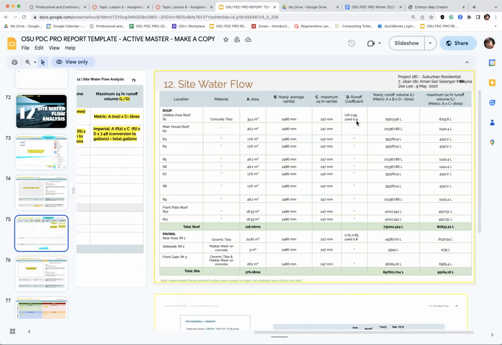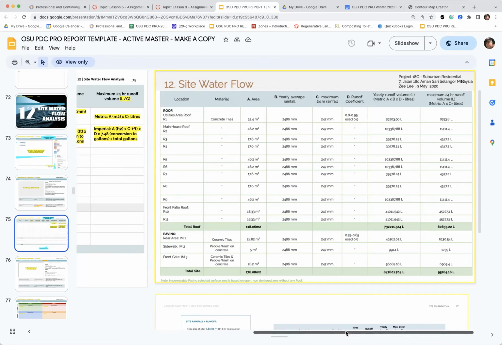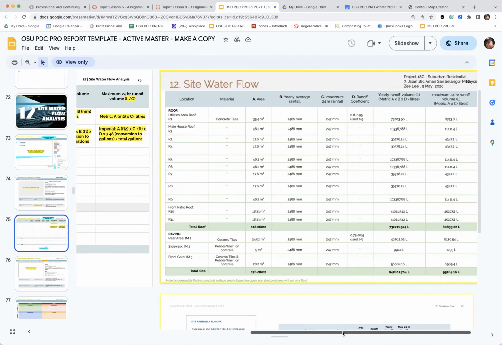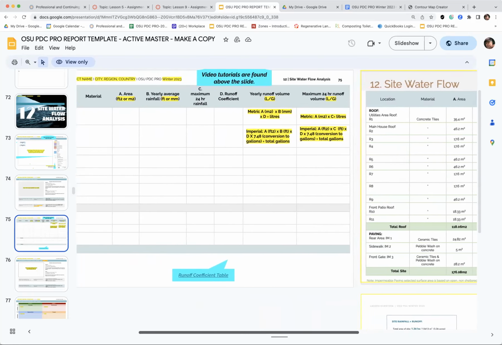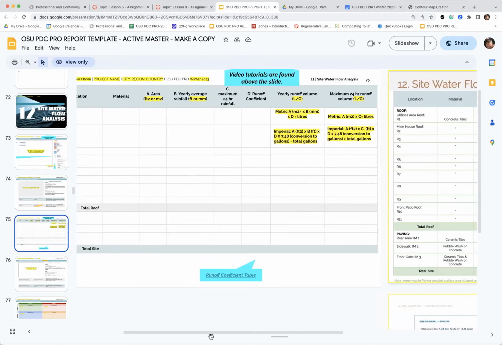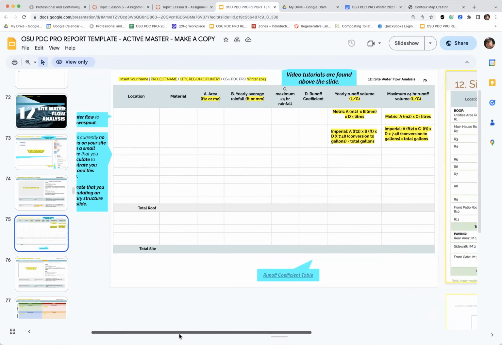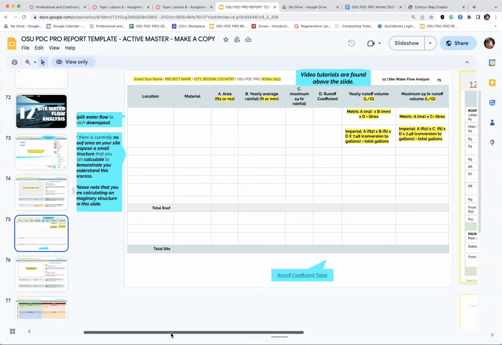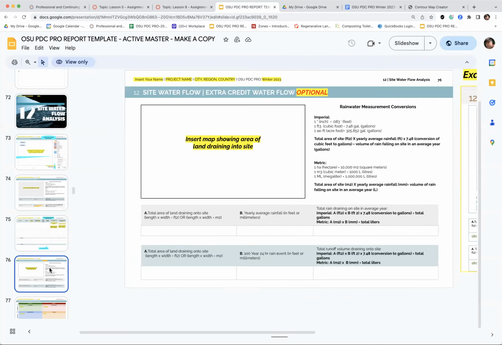Honestly, I would not think it's 0.9 for a concrete tile, but that's just my opinion. And it doesn't really matter. You just got to go with a number to get your average collection. So the beauty of average annual rainfall is it's averaged, and we seldom get that. But we do have to know what we're dealing with, and that's how we work that.